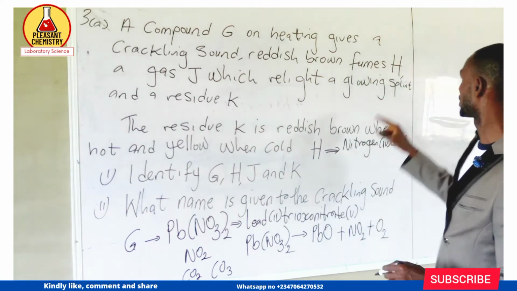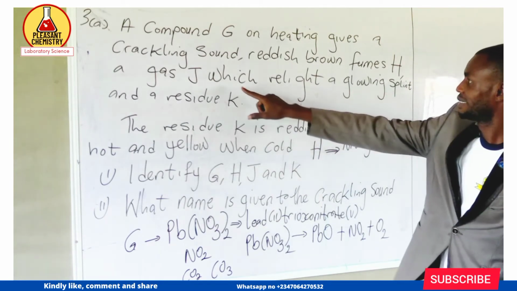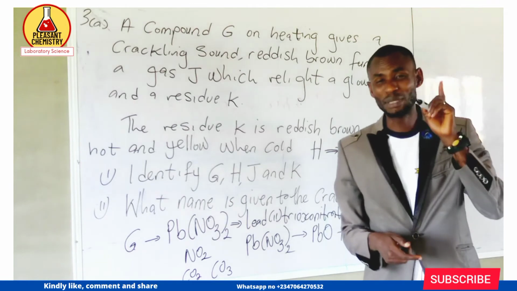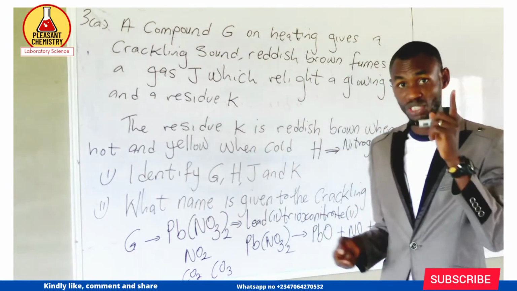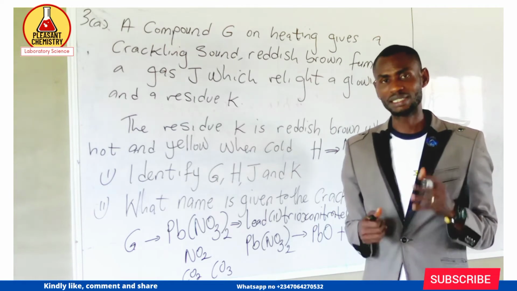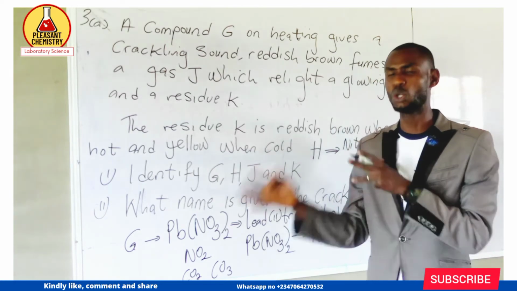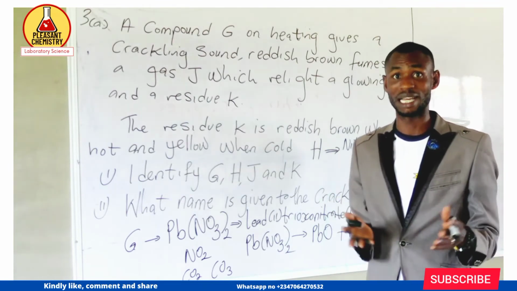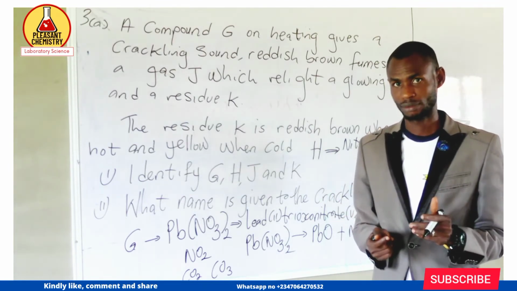Then our J, that's another gas, a gas J which relights a glowing splint. One of the chemical tests for oxygen is that it rekindles a glowing splint, though it has a similar property with dinitrogen(I) oxide. Do you get it now?